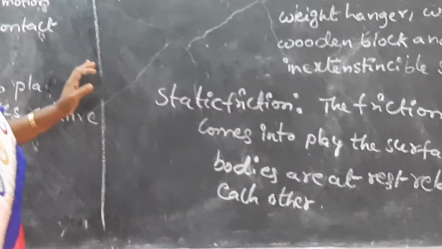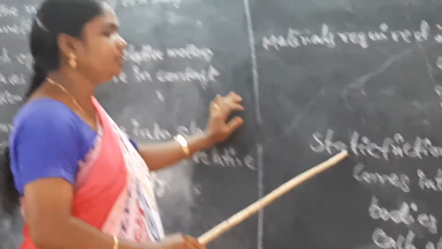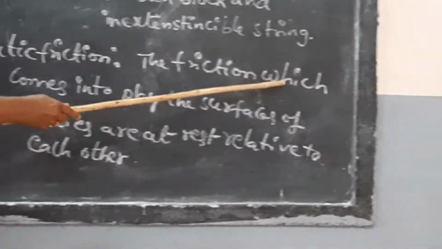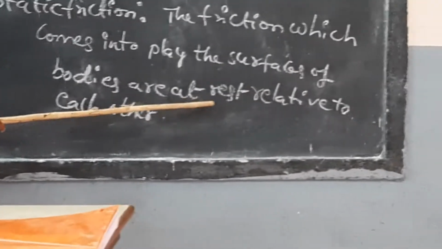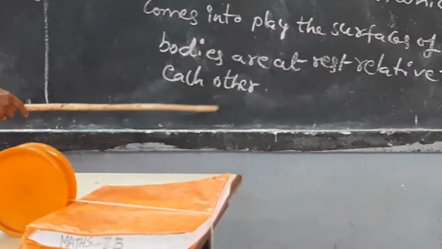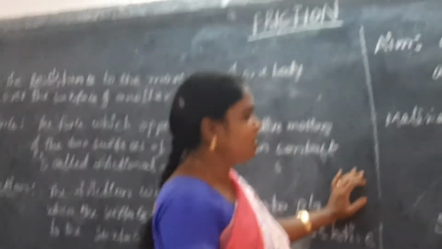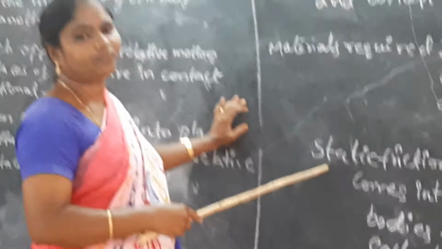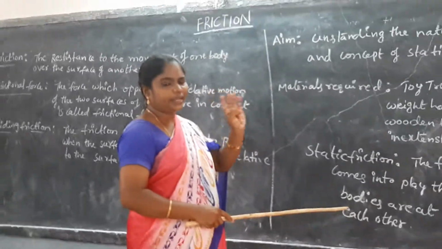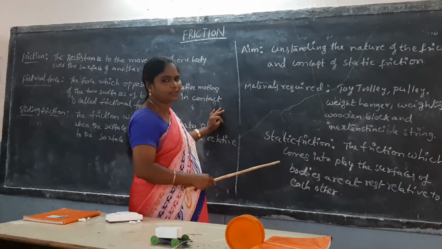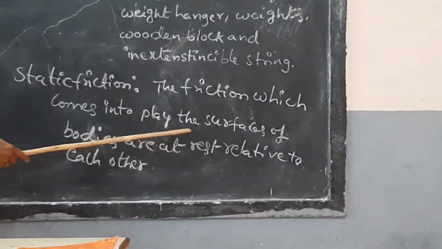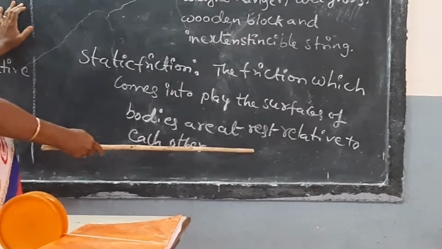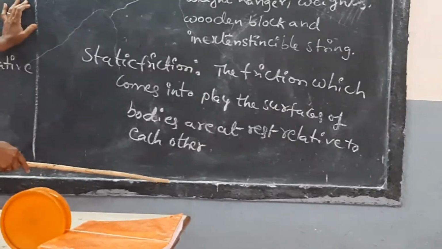What is meant by static friction? The friction which comes into play when the surfaces of the bodies are at rest relative to each other. This is the concept of static friction, and this is also one type of friction. We have sliding friction and static friction.